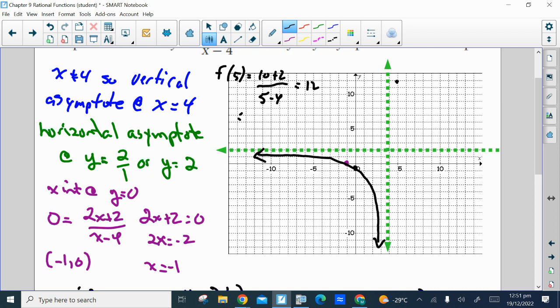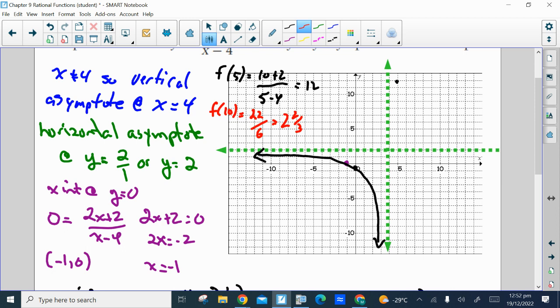What happens when, let's say, x equals 10? Let's find f at 10 as well. So when x is 10, 2 times 10 is 20, plus 2 is 22. Divided by 10 minus 4 is 6. So that will be 2 and 4/6, or 2 and 2/3.